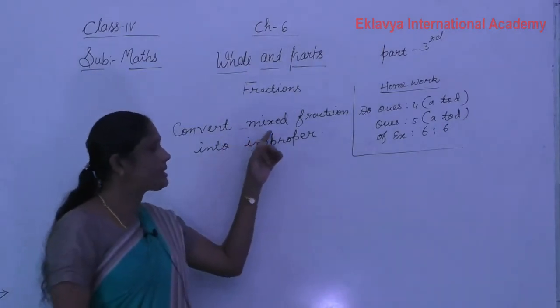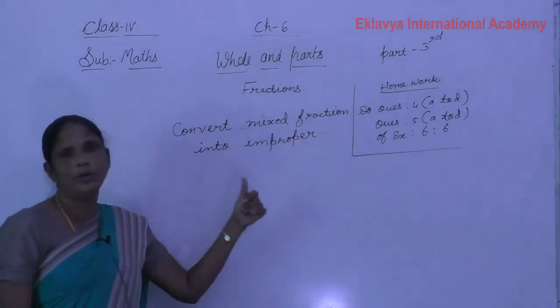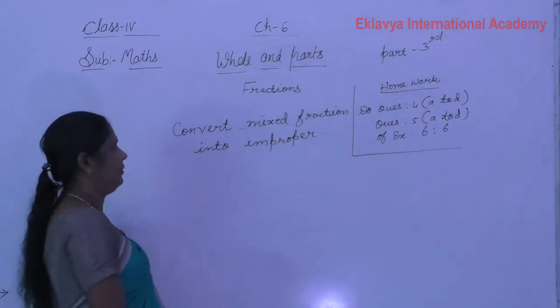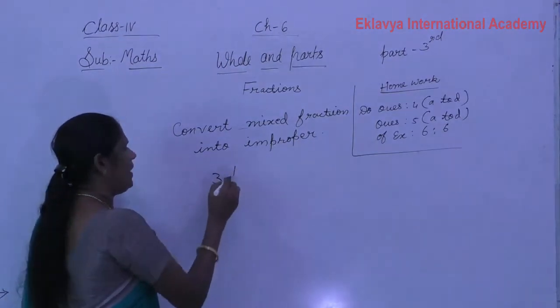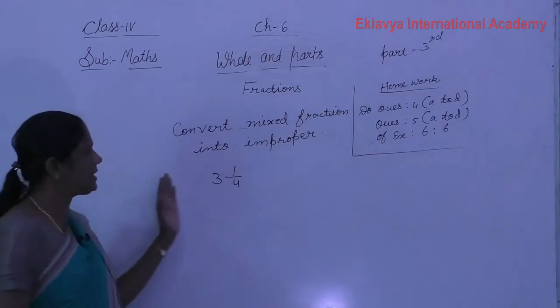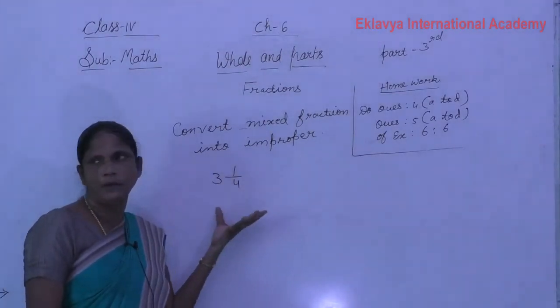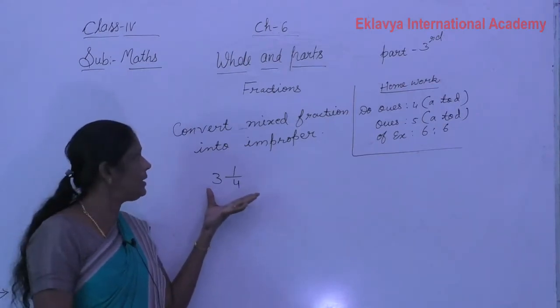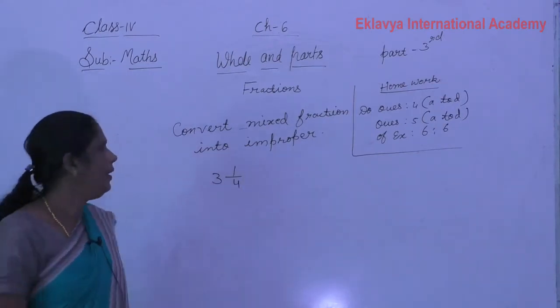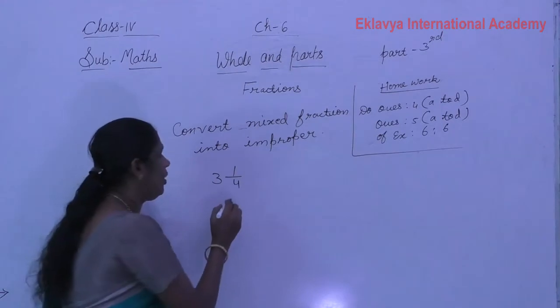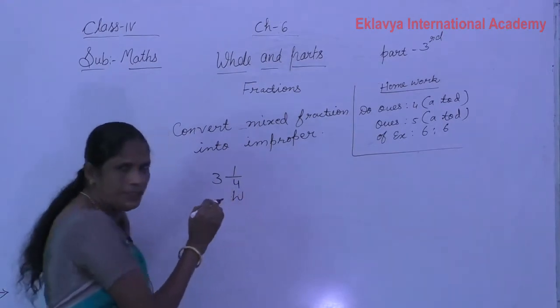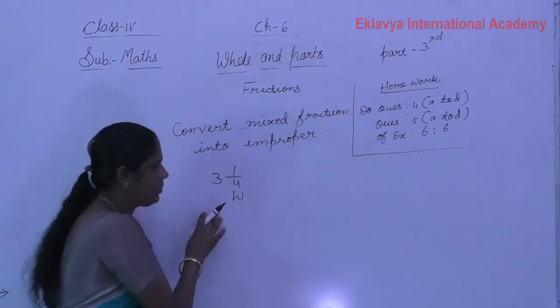First, convert mixed fraction into improper. Now, 3 1/4. This is a mixed fraction. First, we convert mixed into improper. There is a formula for whole number. In the previous class, we also discussed this formula.